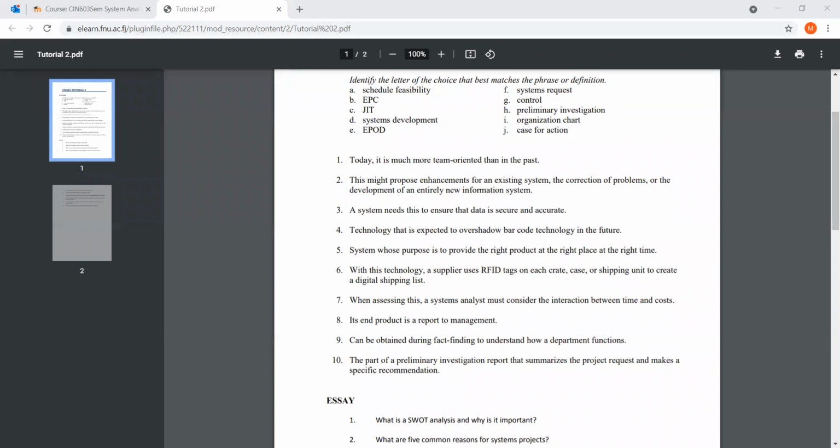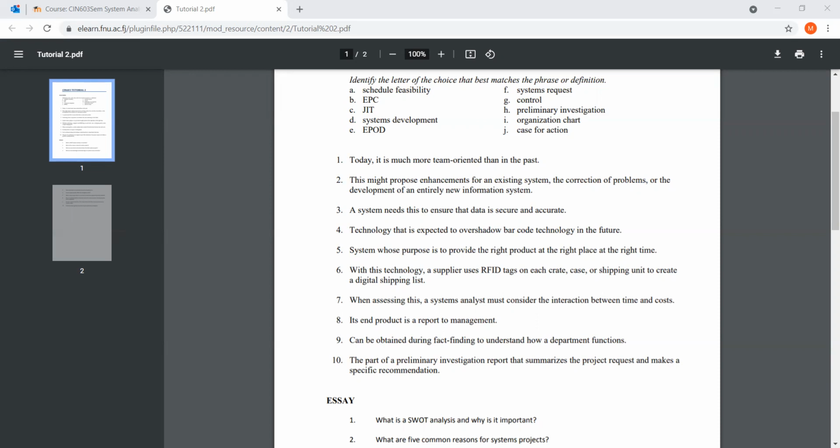Question number 3. A system needs this to ensure the data is secure and accurate. The correct answer there is G, control. Question number 4. Technology that is expected to overshadow barcode technology in the near future. Answer is B, EPC. It's more like electronic process, electronic processing. Question number 5.